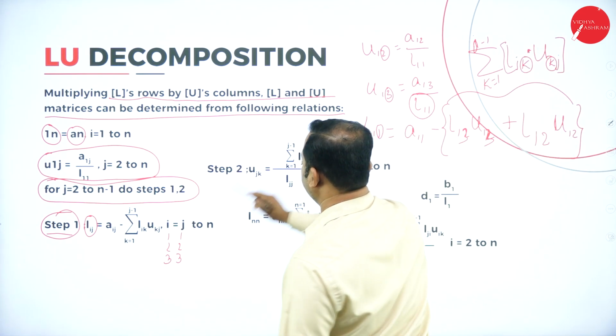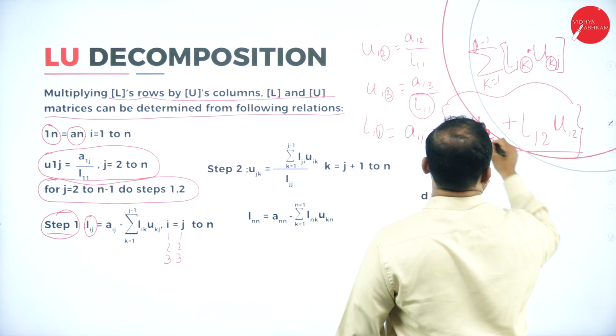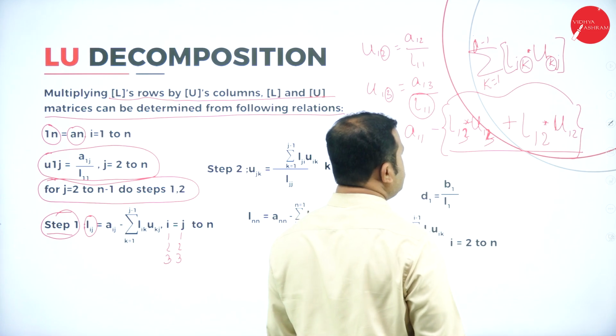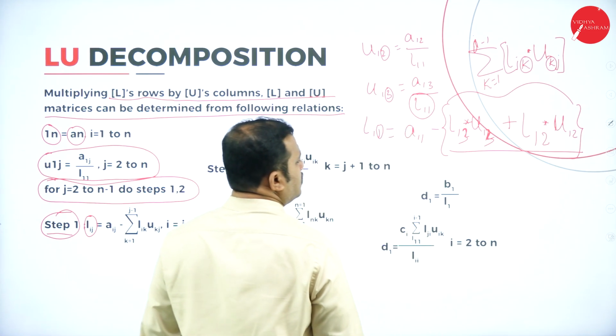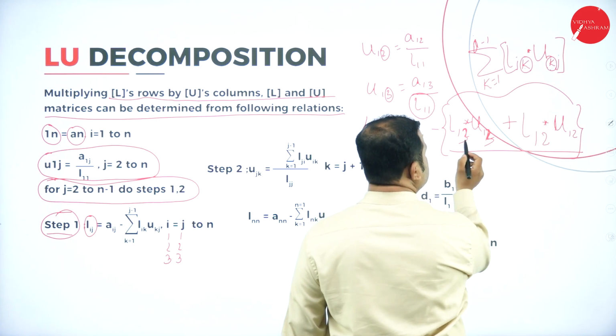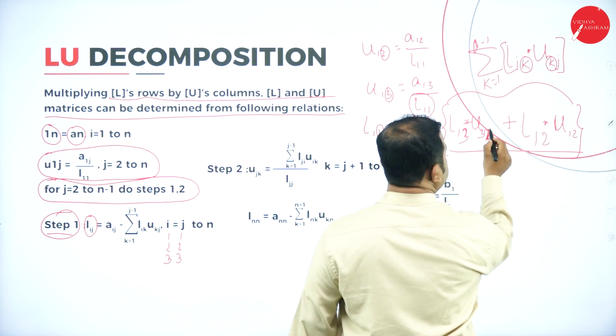So as a result of that, I will be left with this term, that is, this L and U are possible to multiply. If you look at it, you will see that these terms are the same. If that is the case, what has to be this?